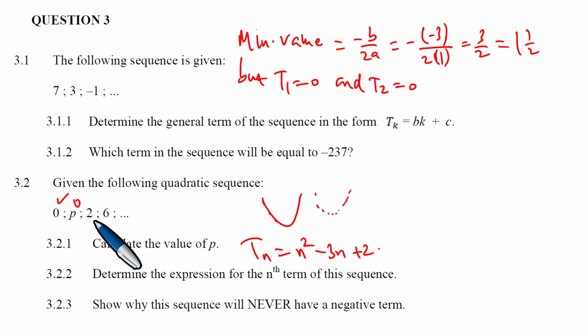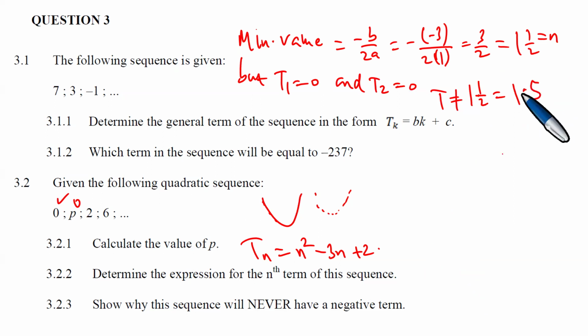There's no term that is going to have the position of 1.5, because 1.5 is the minimum value here. So this is like the value of n. This is telling us that the value of n is 1.5.